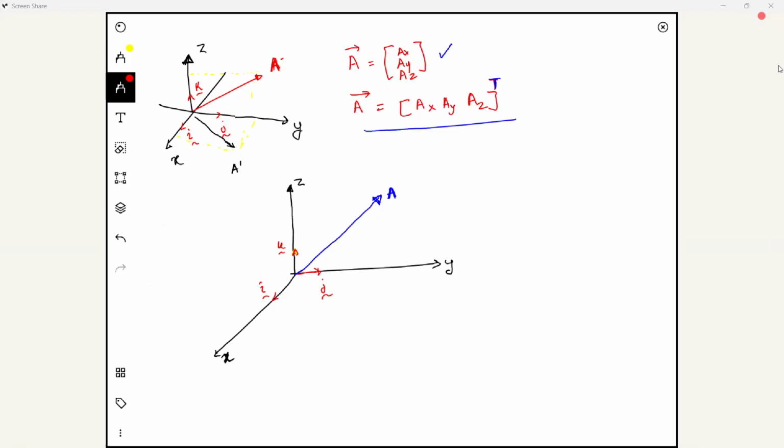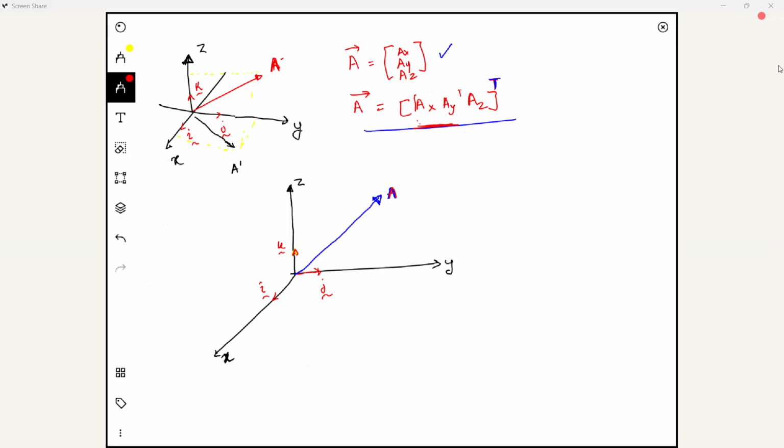Now we are going to find the magnitude of this vector. As we know, this vector is composed of three components, x, y, and z. Let's first consider these two components, x and y.